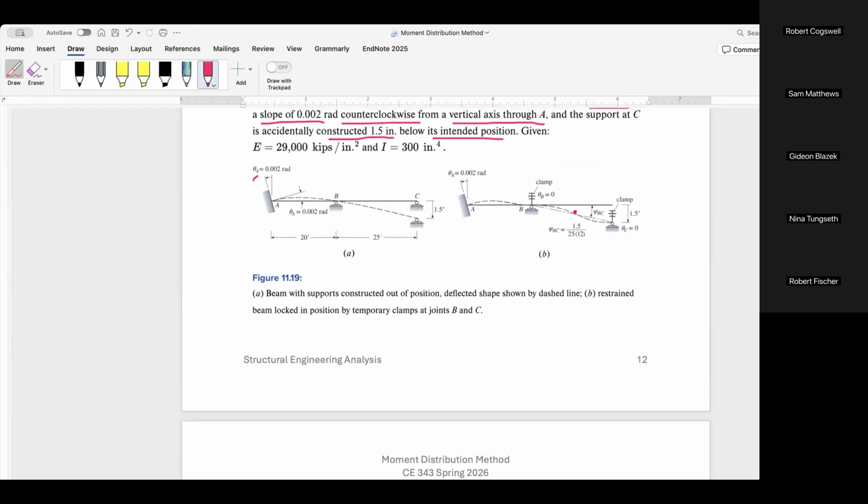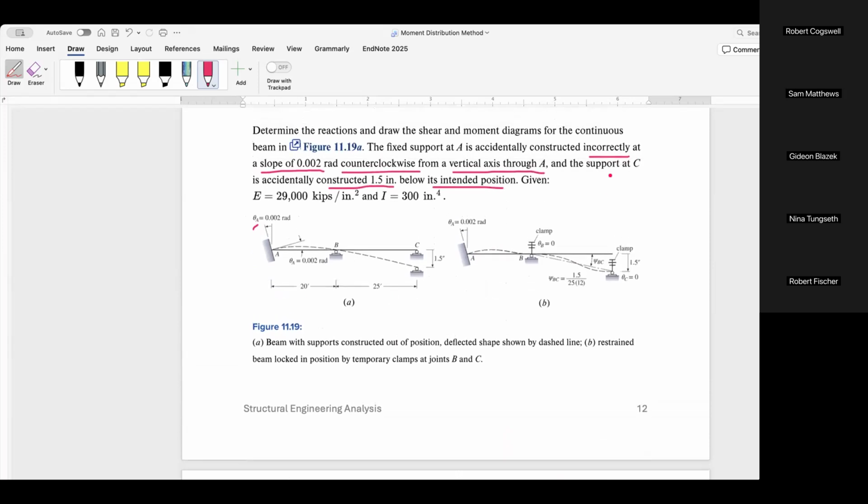But for BC bar, look at that. What they said: this support at C is accidentally constructed 1.5 inch below its intended position. So now what we have to do, we have some displacement because of that.